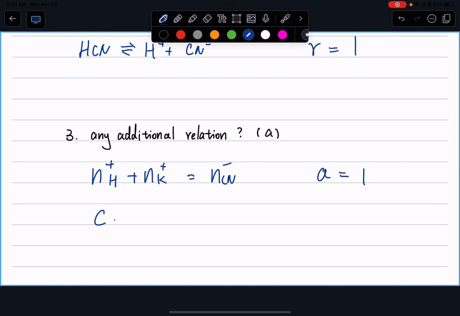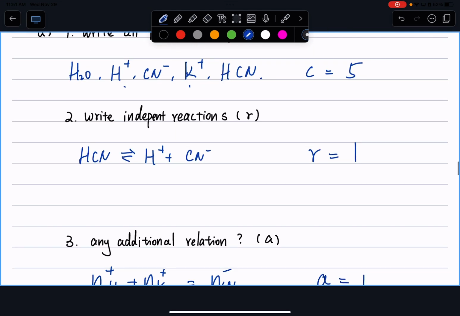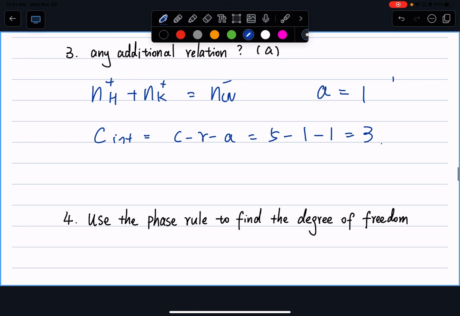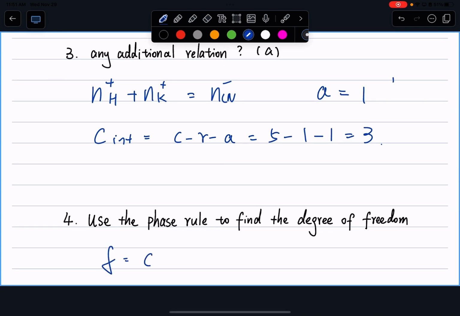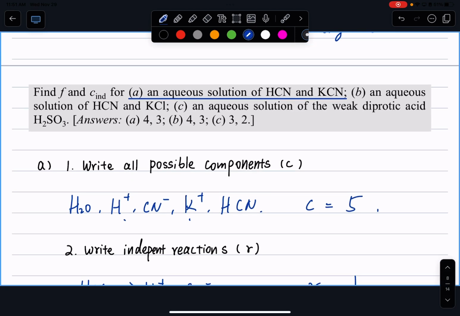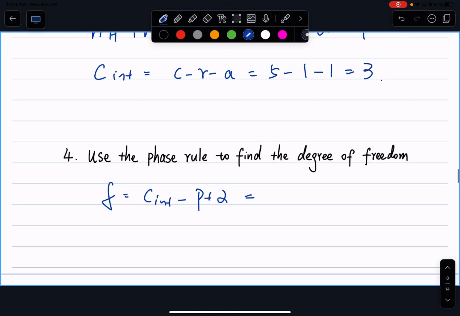And your total independent components equal C minus R minus A. That's 5 minus 1 minus 1. And that gives you 3. And using the phase rule, you have F equals C independent minus P plus 2. In this case, we only have one phase, which is an aqueous solution. So that means we have 3 minus 1 plus 2 equals 4.